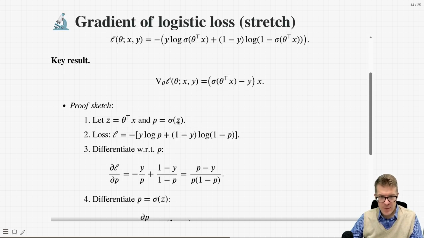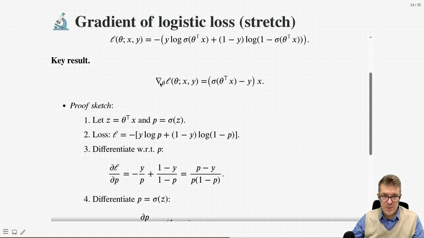I'm just passing my linear regression into the sigmoid so that I get something that looks like a probability. I'll call that thing P. And I have my loss function once again. Now, we want to differentiate the loss function and eventually get down to with respect to theta.